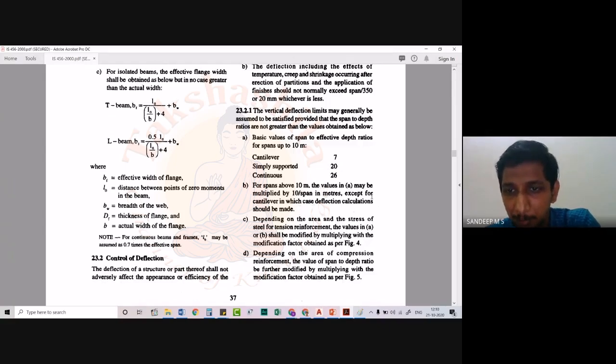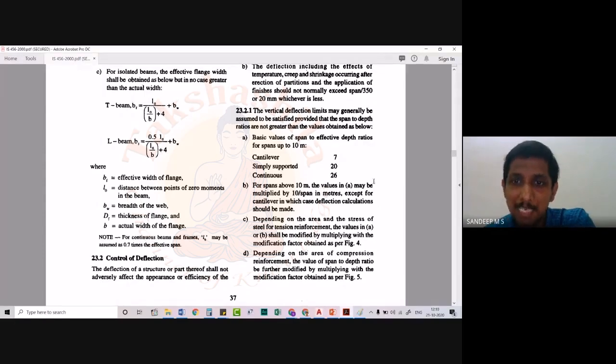So if our beam is a cantilever beam, we cannot directly get a value like this if the span is greater than 10 meter. If the cantilever is having a span of say 10.1 meter, we have to work out the final deflection, then compare with the maximum permitted value and ensure that our final deflection is less than the maximum permitted value.